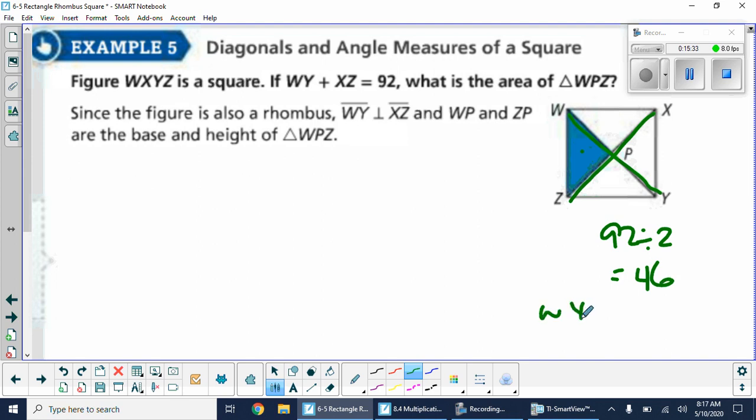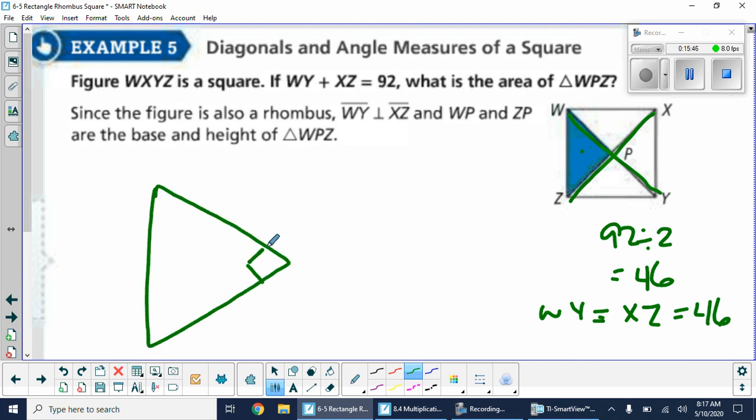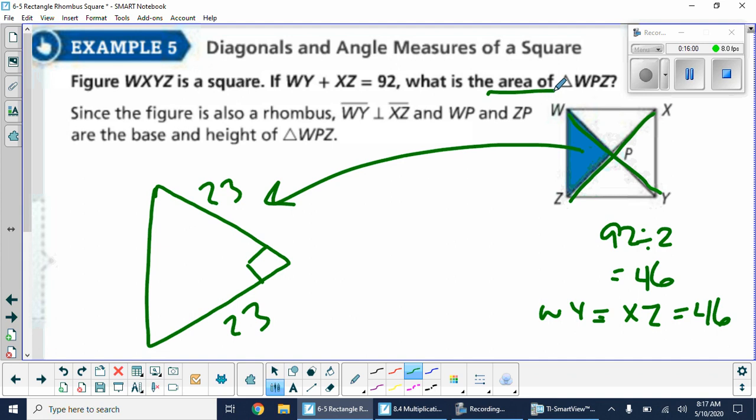All right, so WY is equal to XZ, and they both equal 46. Here's this triangle. If each diagonal is 46, then each half is 23. That's 23, that's 23.